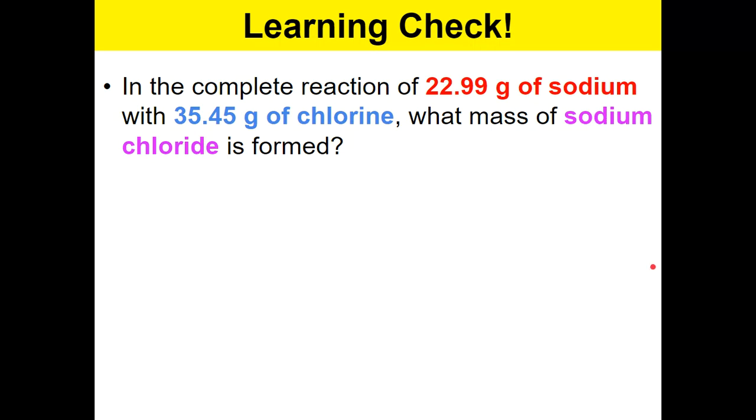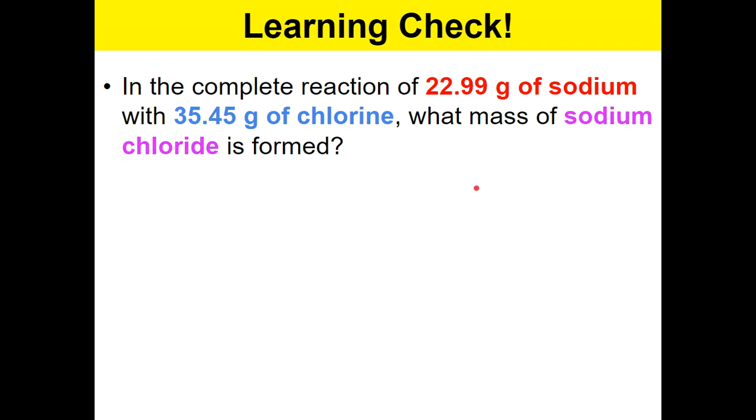Okay, checking that you got what I was saying about that conservation of mass. In the complete reaction of 22.99 grams of sodium with 35.45 grams of chlorine, what mass of sodium chloride is formed? So this is describing a reaction when sodium and chlorine react together to form sodium chloride.